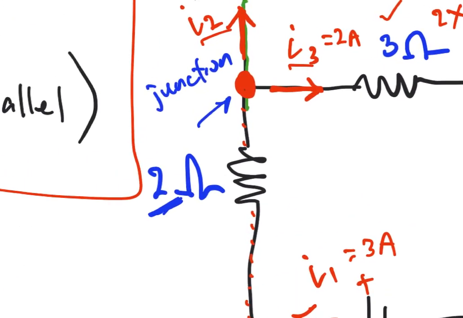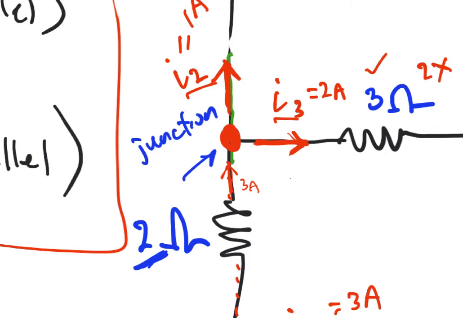As we were just noting, if 3 amps comes in, 3 amps has to come out. So in other words, I2 plus I3 has to equal I1, which it did. We had 1 plus 2 equals 3 amps. So that's the junction rule. And again, it's just conservation of charge.